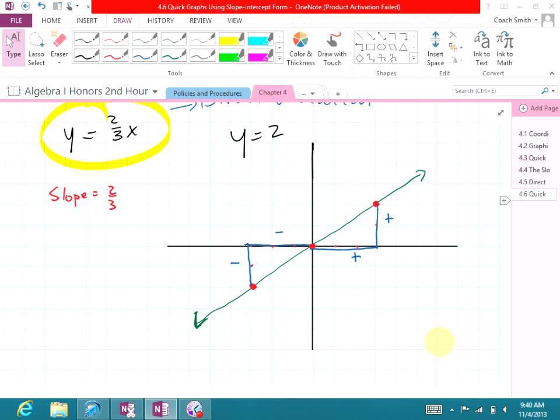Now, the other one I want to look at is y equal 2. Well, y equal 2 means that the y coordinate always has to be 2. So first of all, we start at 0, 2. Well, 0, 2 is right there. Where else is the y coordinate going to be equal to 2?